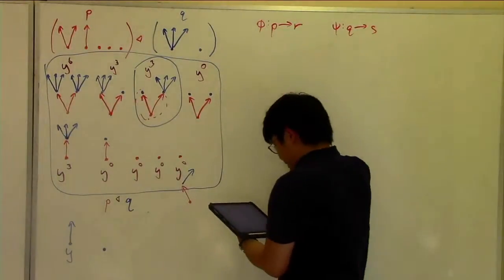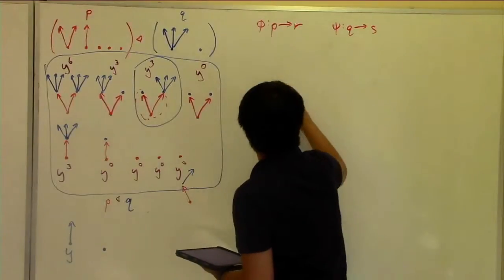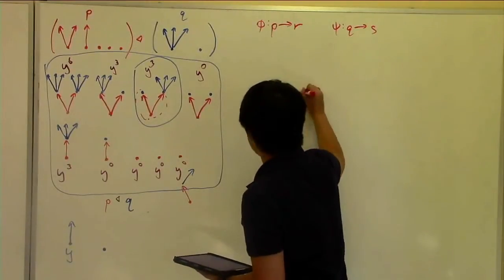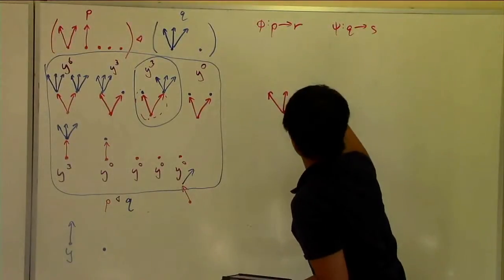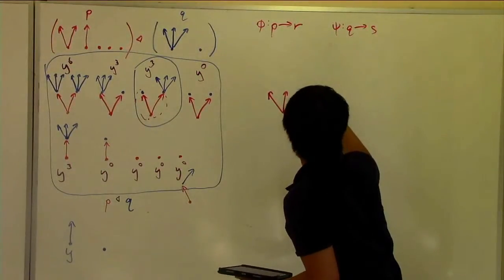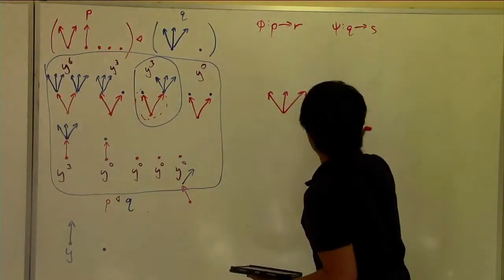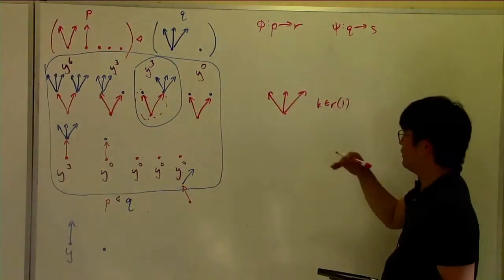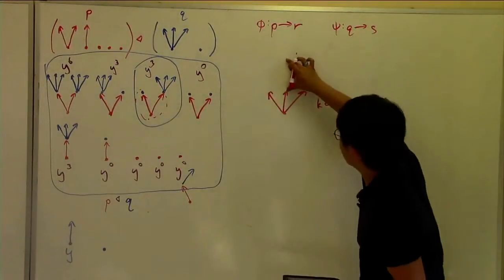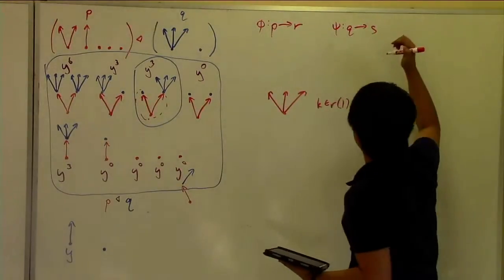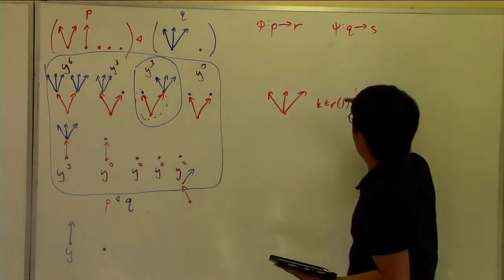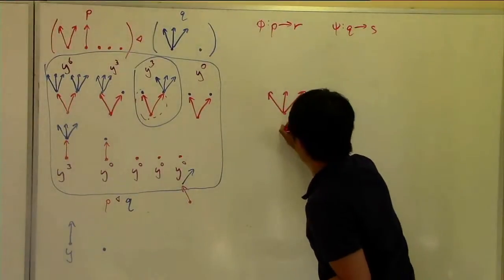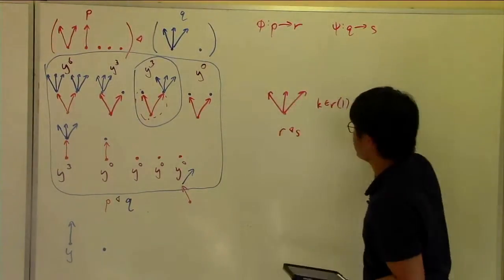Let's just say it gets sent to maybe a position that looks like this, and this is some position, let's call it a position K of R. Now, we also need to stack on top of each of these directions a position of S to actually get a position of R composed with S.